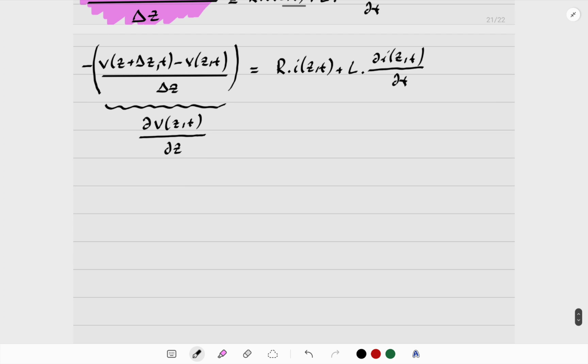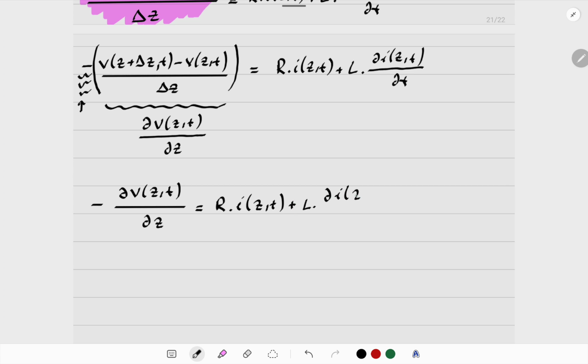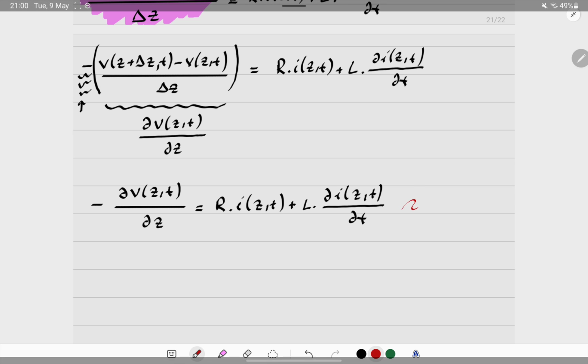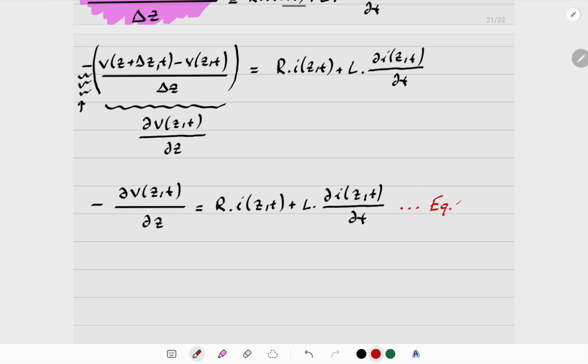So if we rewrite this new equation, we also keep this minus sign here. We shouldn't forget this one. All right, minus ∂V(z,t)/∂z equals R times I(z,t) plus L times ∂I(z,t) divided by ∂t.